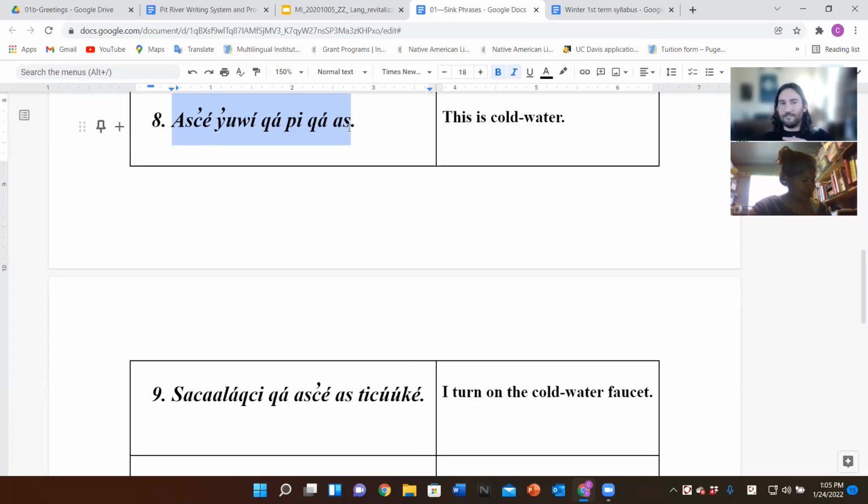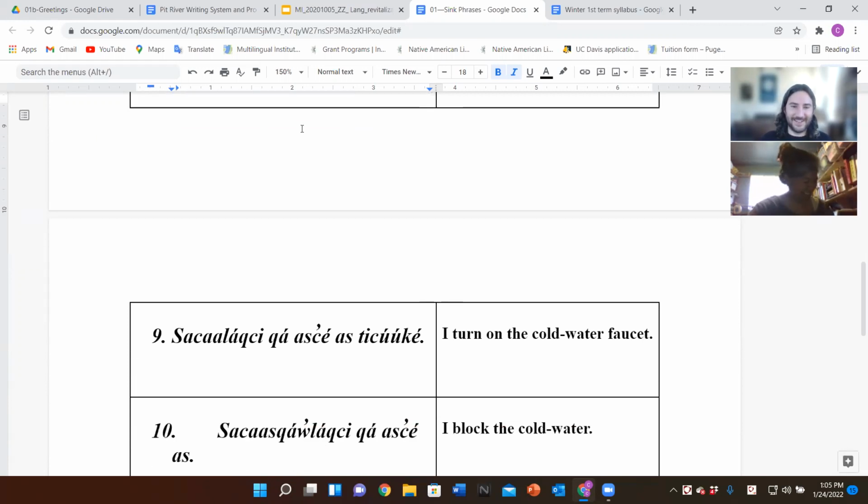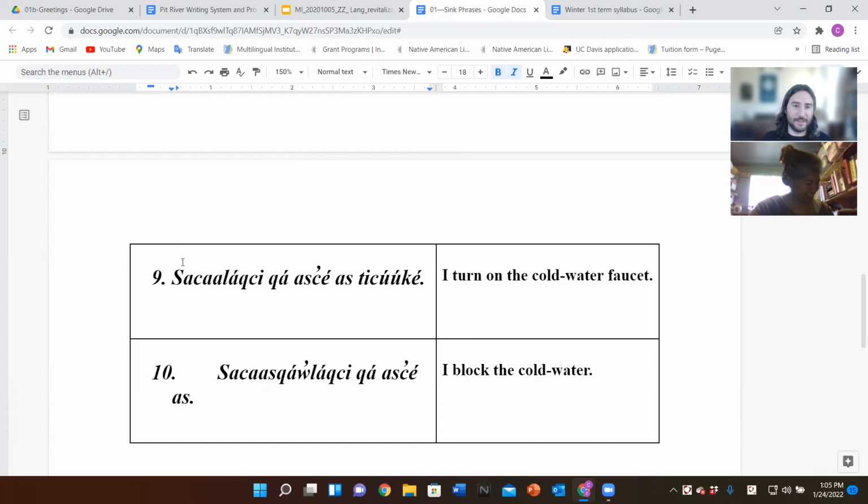Good. Yes. All right. And then next we have Saja lakji ga asche as dejuke.